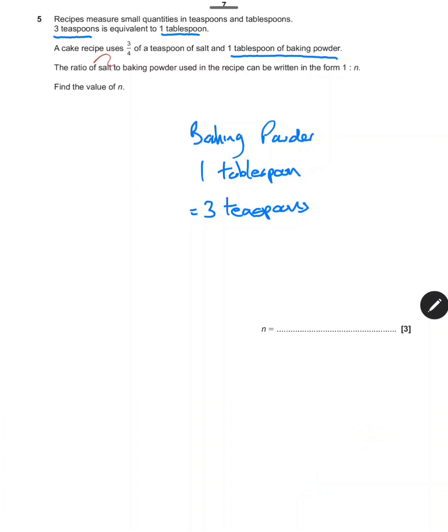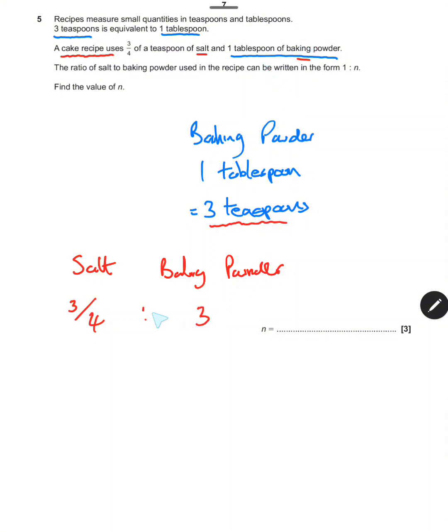If we now go back to the cake recipe, look at salt to baking powder. We've got 3/4 of a teaspoon of salt and 3 teaspoons of baking powder. So I've got my ratio by doing that initial conversion there.